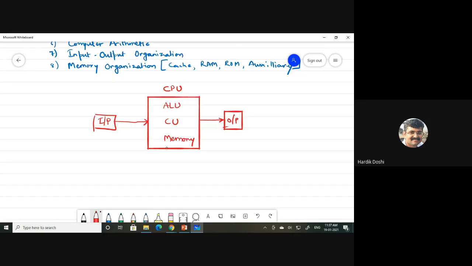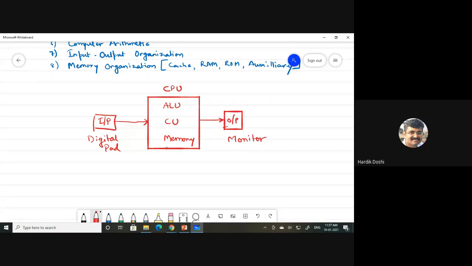So it is my input to the system, which is given to the CPU. It processes and displays onto the output. So input is my digital pad and output is my as well as your monitor or display device.